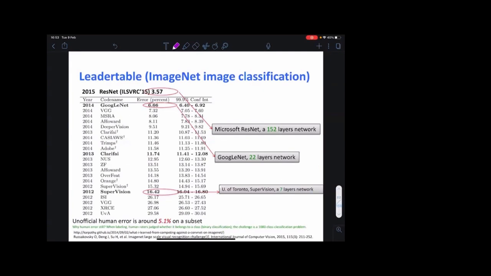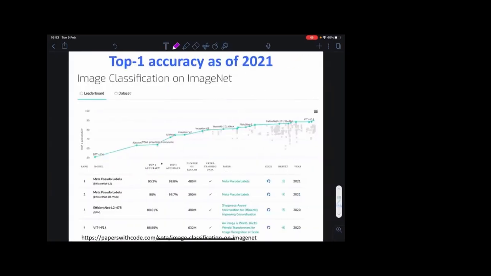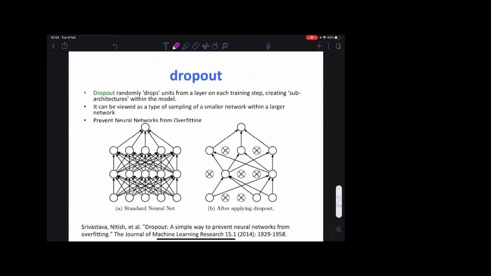And as I said in the very beginning, back in 2015, they already passed human performance, being better than humans at recognizing objects in images. And this is what happens now, right? In terms of top-one accuracy, it is already more than 90%.